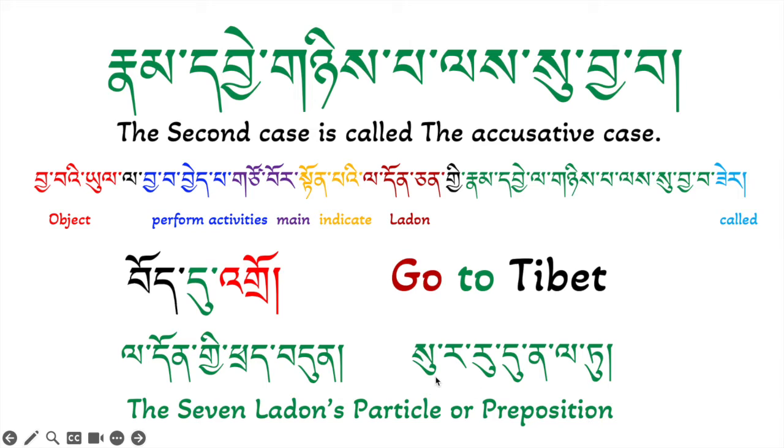So these 7 letters are called Ladin gi te dun. Why is this called Ladin te dun? Why does it have to be Ladin? Because these 7 are prepositions or particles, right?